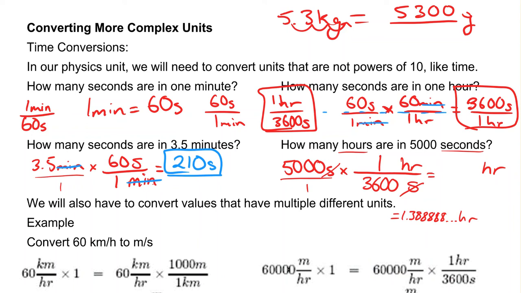But keep in mind, we had 4 significant digits to start with, so we need 4 significant digits to end with. 1.388, and the next 8 is going to round that 8 up to a 9, so 1.389 hours. That's how many hours are in 5,000 seconds.